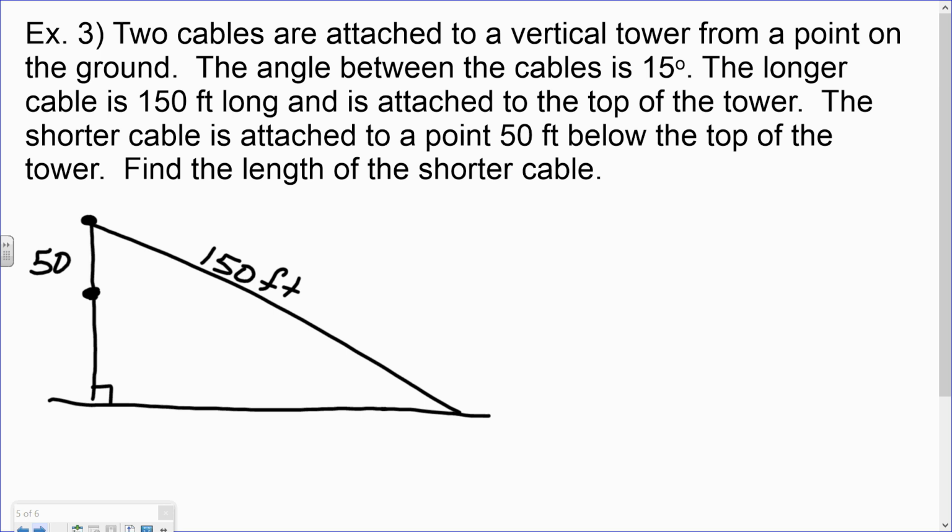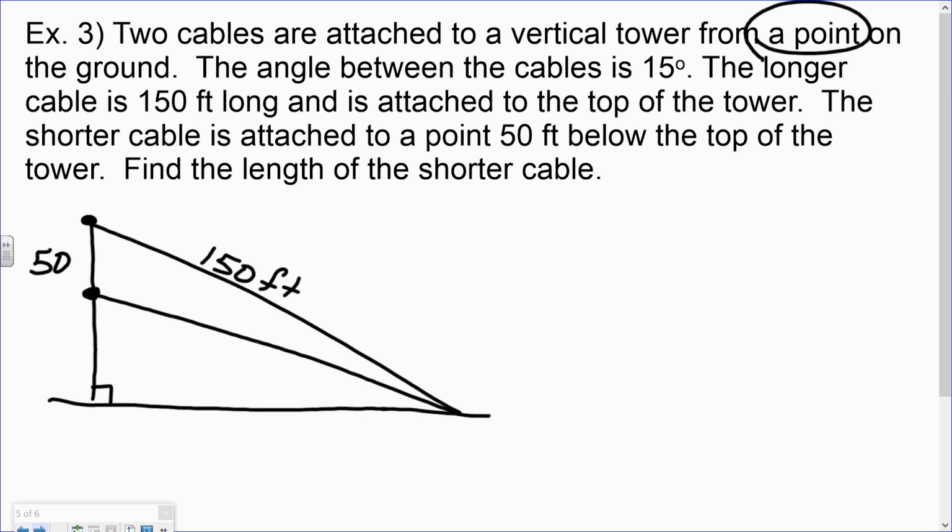What in the words say that we can't draw the picture with two parallel hypotenuses? One point on the ground. Okay, it says they are attached to the vertical tower from a point, not from two different points. So this one needs to come over here to that same point on the ground.